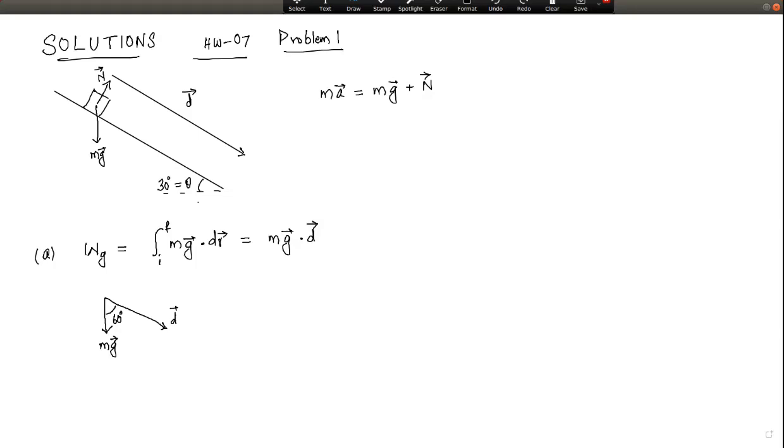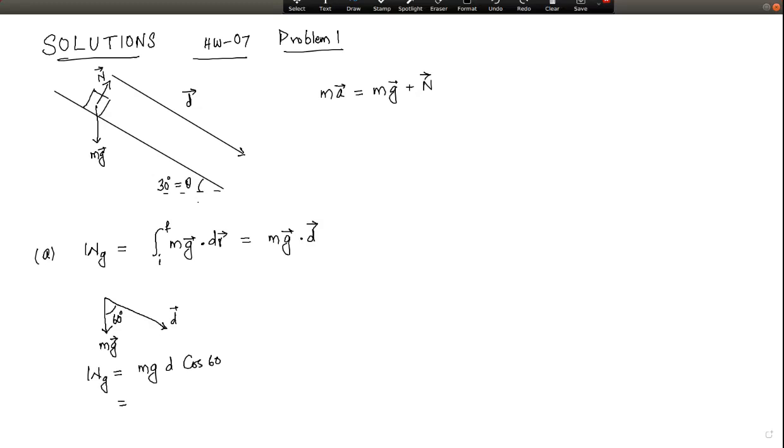So we have seen the idea of dot product. We have work done by gravity equal to the magnitude of the force mg, the magnitude of the displacement d, and cosine of the angle between them, that's 60 degrees, which is 90 minus 30.